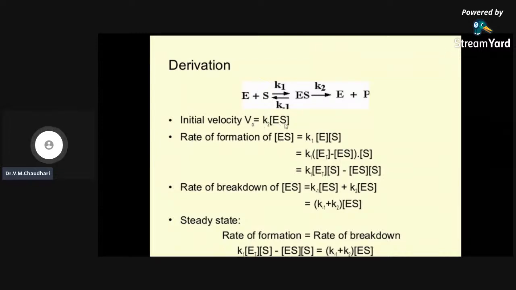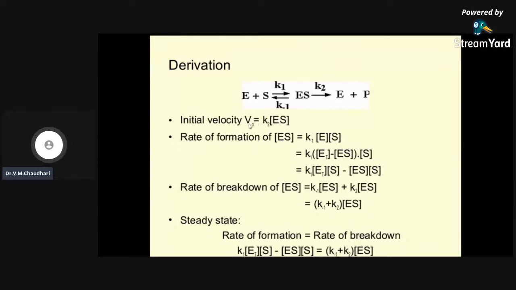V0 equal to K2ES. K2ES म्हणजे काय? Rate constant of this forward reaction into ES. That is ES K2 equal to V0 म्हणजे initial velocity. What is initial velocity? Initial velocity means whatever amount of enzyme is present, that enzyme is present as an enzyme substrate complex and it will now convert into product.